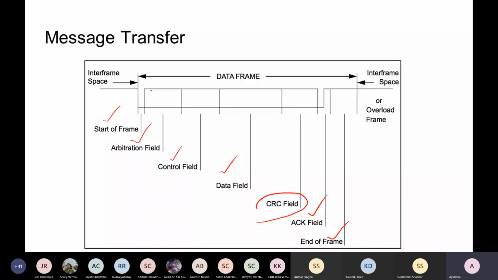Whenever any transmitter is sending a data frame, it has an idea for how many CAN nodes that data frame will be useful. Yes, ma'am. So whenever it is sending a message for a particular arbitration ID, it expects that much acknowledgement. Yes, ma'am.